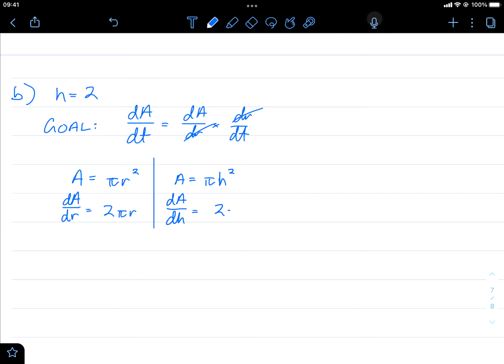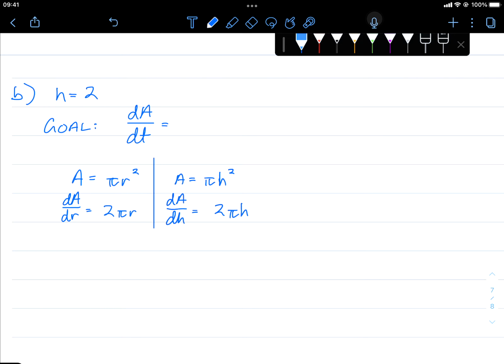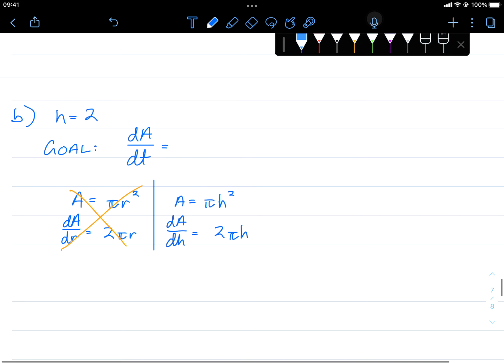That's going to be 2 pi h. Now all we need left to have dt in the denominator is to cancel out dh.